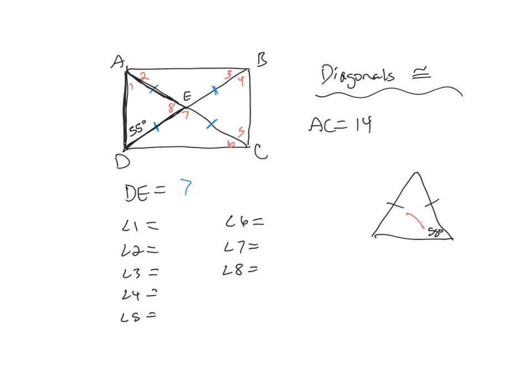So that means that the base angles are the same. So angle 1 is 55 degrees. Okay, so if that's the case, remember a rectangle has right angles. So angle 2, I can just do 90 minus 55 because I know that whole thing has to be 90, and I get 35 degrees.